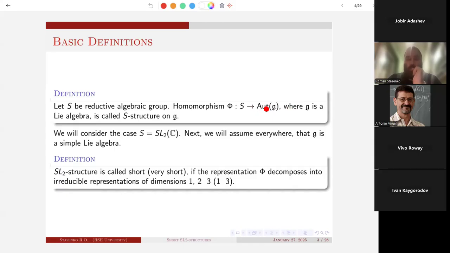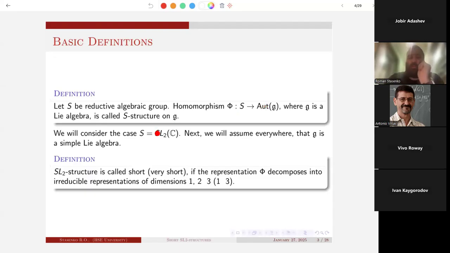If we take here SL2 and have special properties of g, we can interpret such a homomorphism as a representation of the group S in g. The automorphism group of a vector space is the general linear group GL, and so we obtain a representation of S in g.